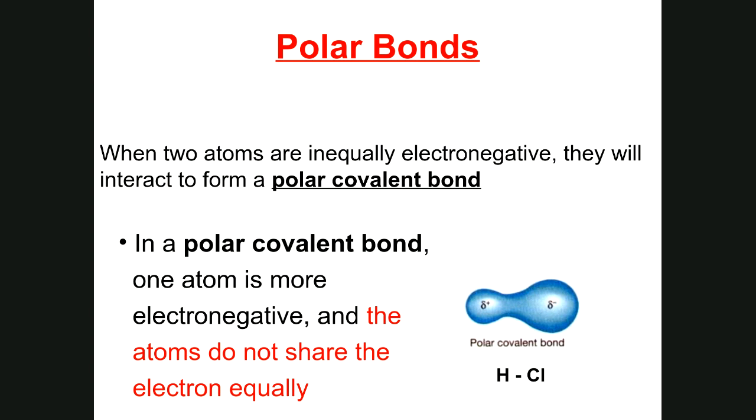Overall, it's not charged, but they create a pole that is slightly negative and a pole that is slightly positive. Slightly negative because the electron of hydrogen has a tendency to be closer to the chlorine.